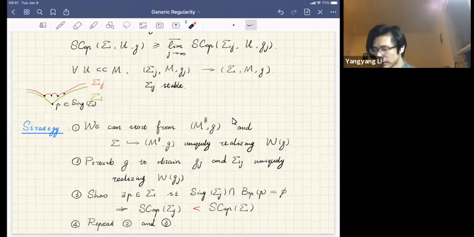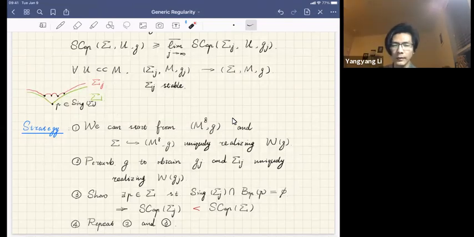Right. And then we can repeat steps 2 and 3. A priori, it's easy to see that the singular capacity of sigma is a finite number. And then using step 2 and step 3, we will decrease the singular capacity strictly.